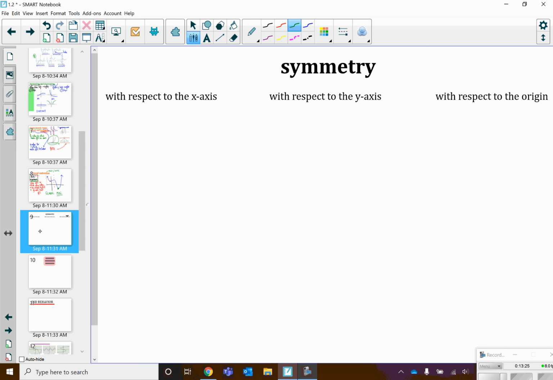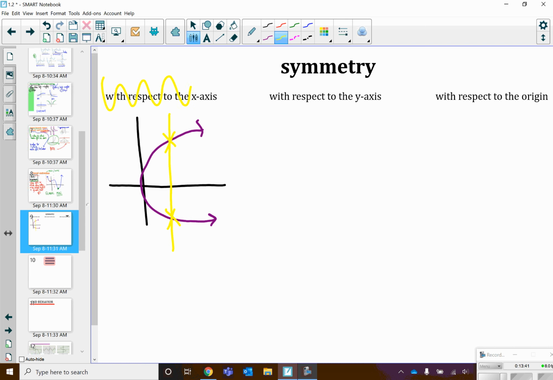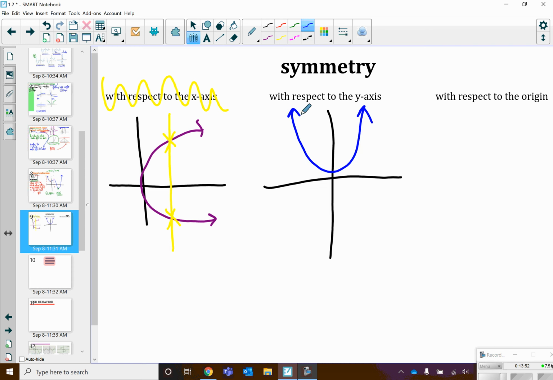Next, we got symmetry. If something is symmetric to the x-axis, meaning it looks the same on both sides of the x-axis, this thing is not a function. So we actually don't have symmetry with respect to the x-axis. However, we do have symmetry with respect to the y-axis. That would be a function maybe that looks like this. Symmetric means, again, exactly the same on each side.